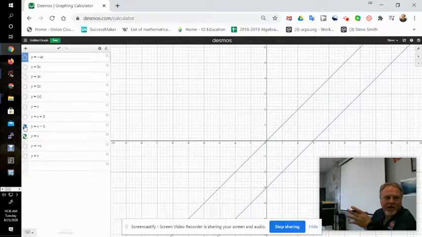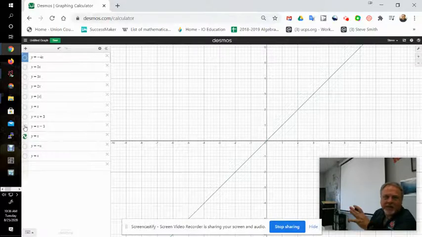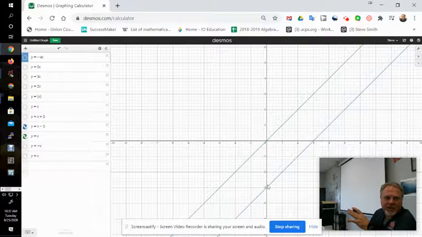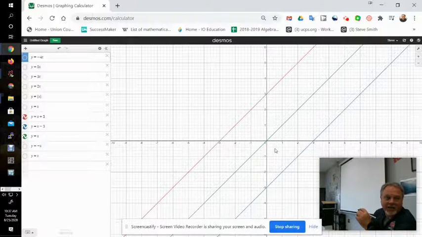Our parent graph, y equals x, is in green, and we adapt it by subtracting 3 from it. It drops it down 3, and look where your y-intercept is: negative 3 on the y, or up and down, axis. If we were to add a 3, the line scoots up 3, and the y-intercept is right where you would expect it to be.